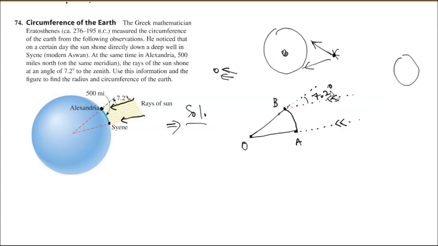So we want to know about this arc length S. Do we know it? 500 miles. How about the radius here? Not yet. That's the whole question: what is the radius of the Earth? And this angle theta is in question. At this point, we don't know. But some angle is given, and you have to think about the relationship between this angle theta and that angle 7.2.